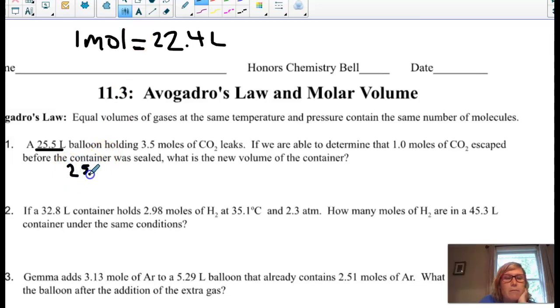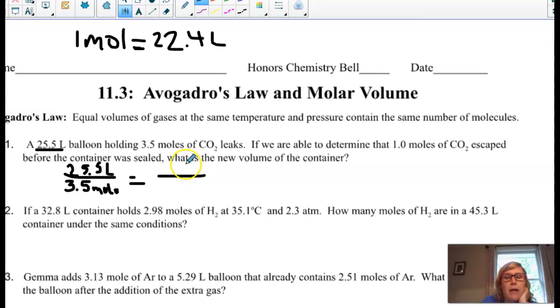So I'm going to say 25.5 liters to 3.5 moles is equal to X. If you're able to determine that 1 mole of CO2 escaped before the container was sealed, what is the new volume?